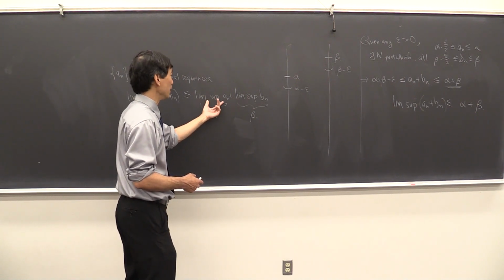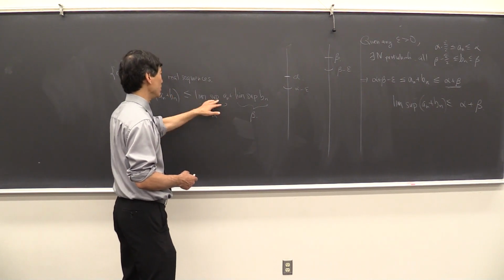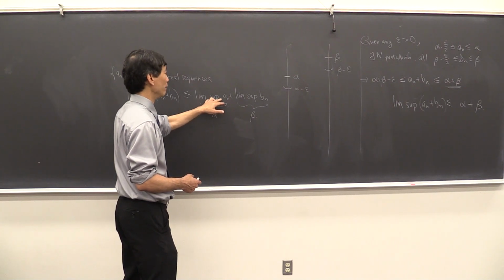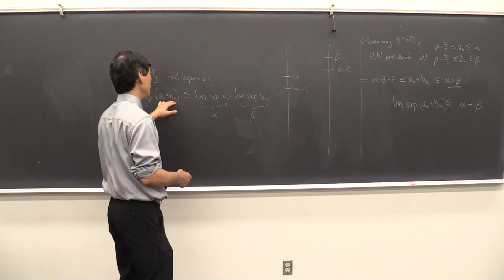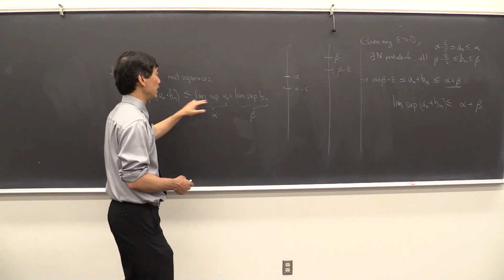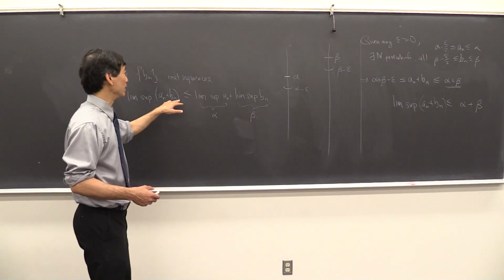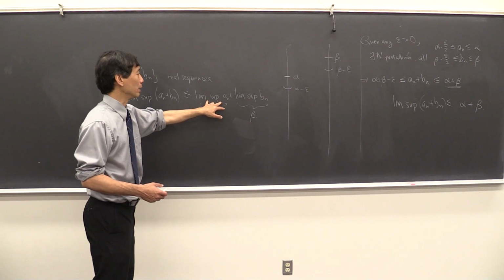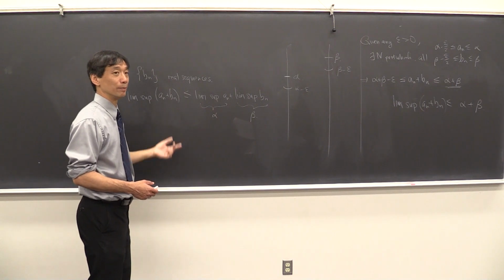Because independently, these guys are sort of taking the maximum value. The maximum value of one sequence and the maximum value of another sequence, and then asking, could the maximum value of the sum exceed this maximum value? Well, no way, because the maximum here plus the maximum there is definitely going to be bigger than the maximum of the sum.